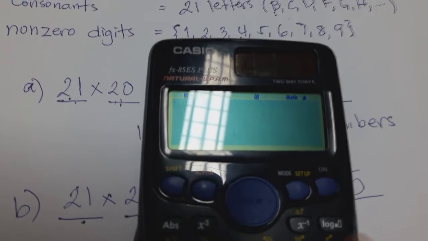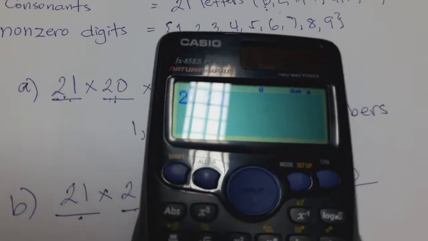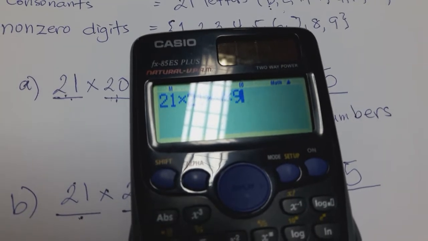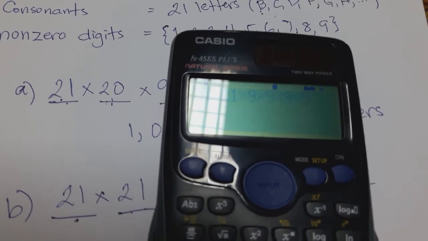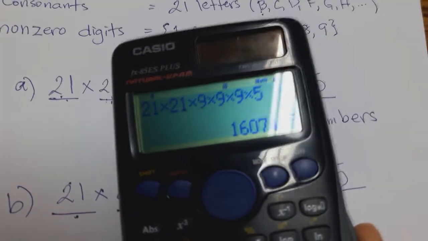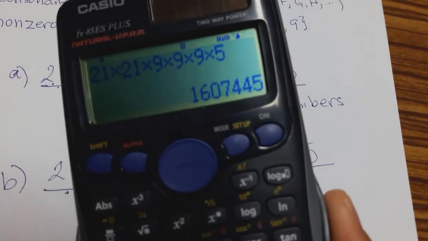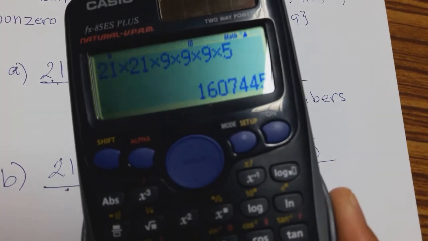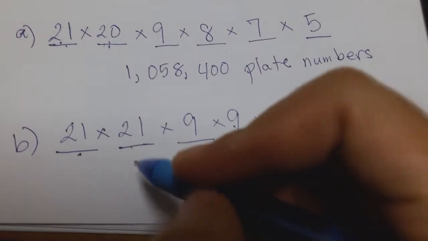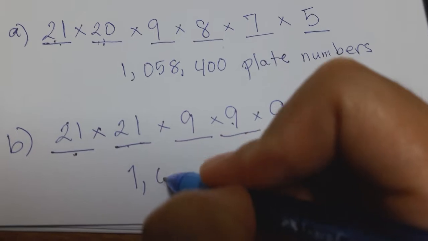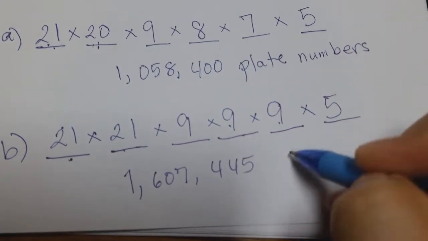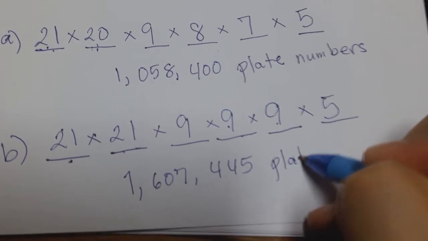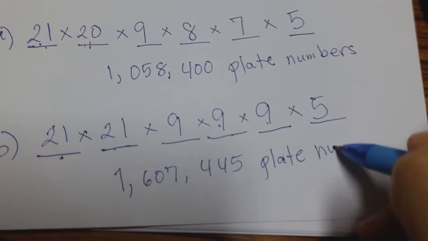We have 21 times 21 times 9 times 9 times 9 times 5. So the answer is 1,607,445 plate numbers.